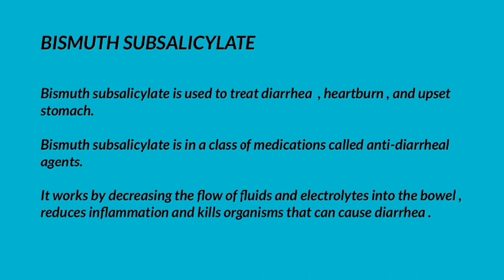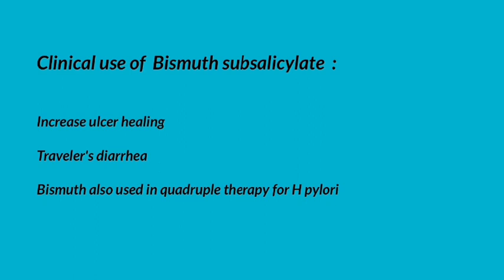It works by decreasing the flow of fluids and electrolytes into the bowel, reduces inflammation, and kills organisms that can cause diarrhea. Clinical use of bismuth subsalicylate: increase ulcer healing, traveler's diarrhea. Bismuth is also used in quadruple therapy for H. pylori.